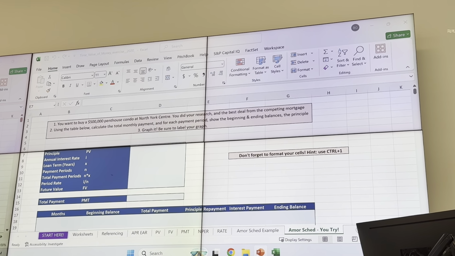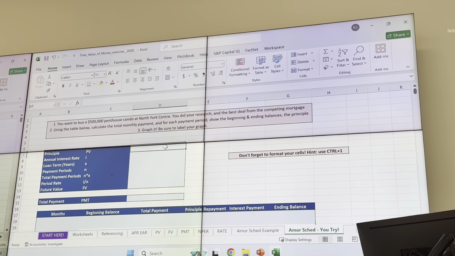So you want to buy a house, a $500,000 penthouse condo at North York Center. You did your research for the best deal on the competing mortgage. How much is it? $500,000, right?